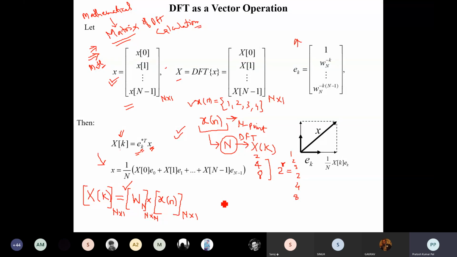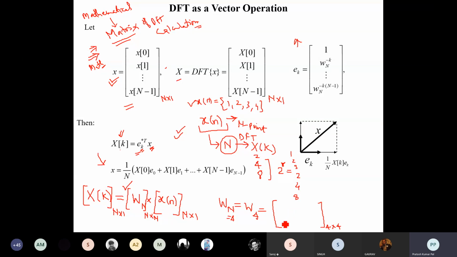That means W of n is there, and suppose n is equal to 4, then it will be a 4 cross 4 matrix.